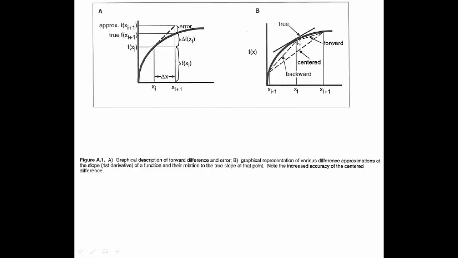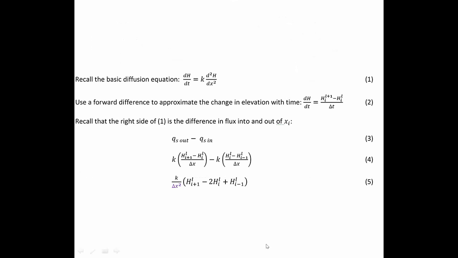But if we want to calculate the slope, or that tangent, we could go backwards, and that's not too bad an approximation, or forward, or we could do it by going from x sub i minus 1 through x sub i to x sub i plus 1, and that way we estimate it right at x sub i, but we're doing it over a span of 2 delta x's. Again, if delta x is small, this is a pretty good approximation, and that's called a centered difference.